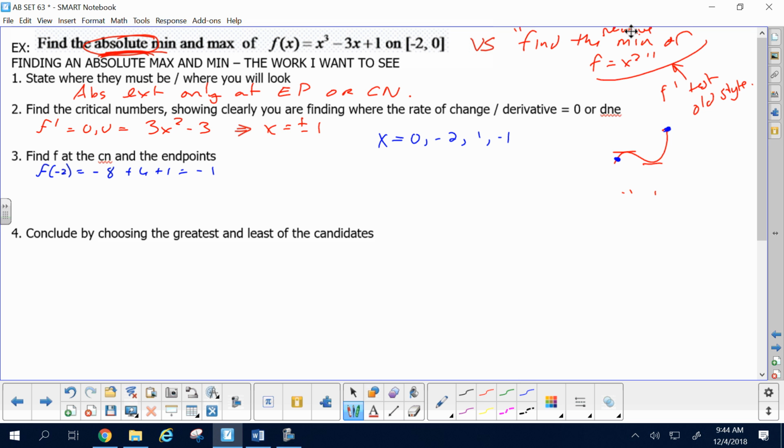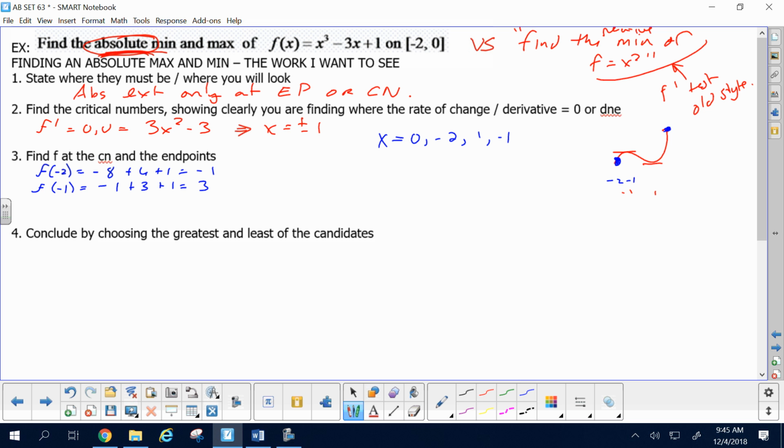But the next point I come to, left to right, is -1, right? If you put in -1, what do you get? I get 3. Okay. Cool. So in terms of the starting value, at -2, the y value is -1.